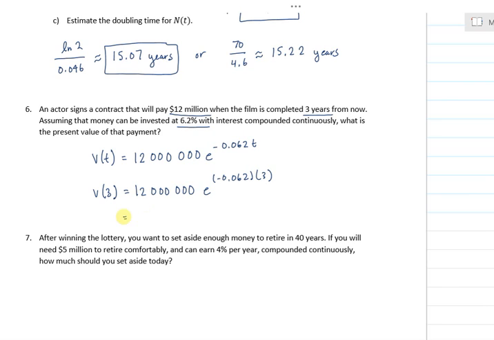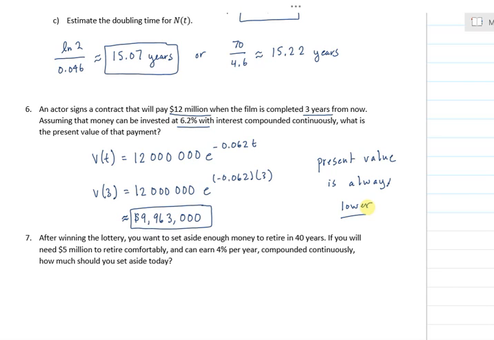Which is about $9,963,000. Remember, they should always be lower. Present value is always lower. Sometimes this rate, 6.2%, is called the discount rate. That might help you remember that it's lower.